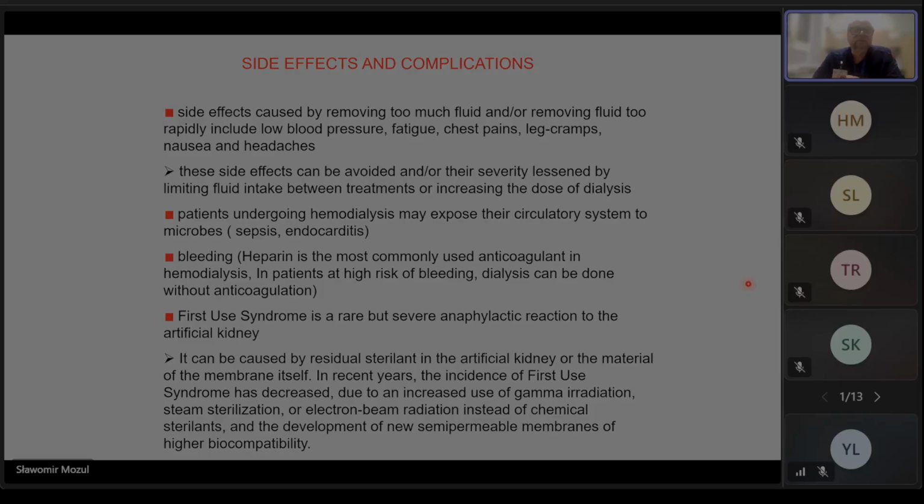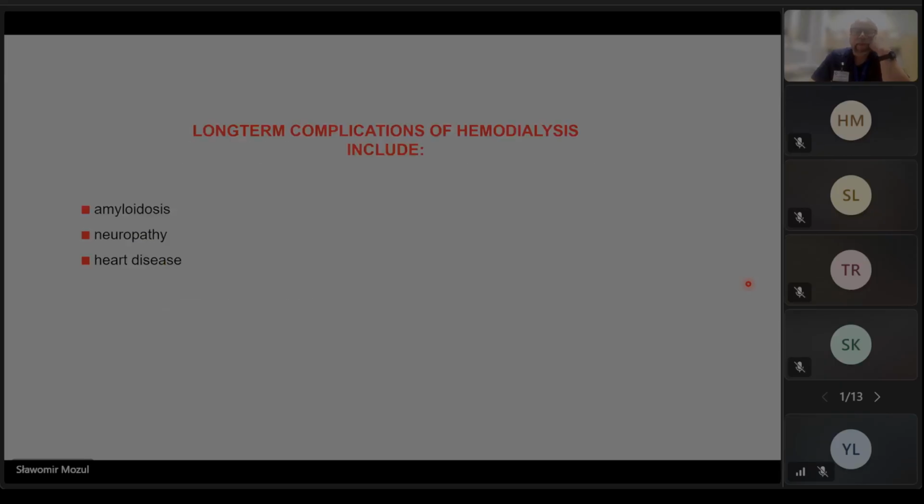And first-use syndrome is rare, but it is a severe anaphylactic reaction to the artificial kidney. Long-term complications include amyloidosis, neuropathy, heart disease, and more.